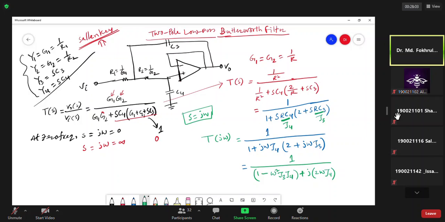Then since we have separated the real and imaginary parts, we can easily calculate the magnitude of the transfer function.